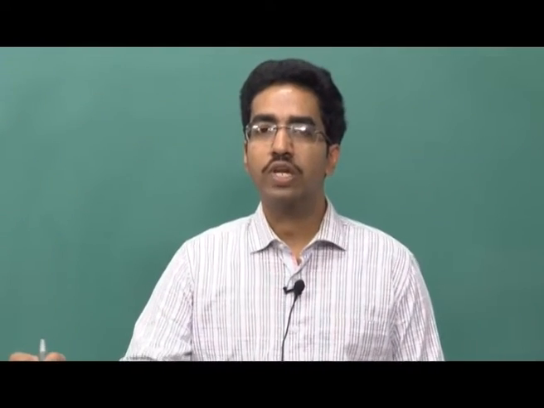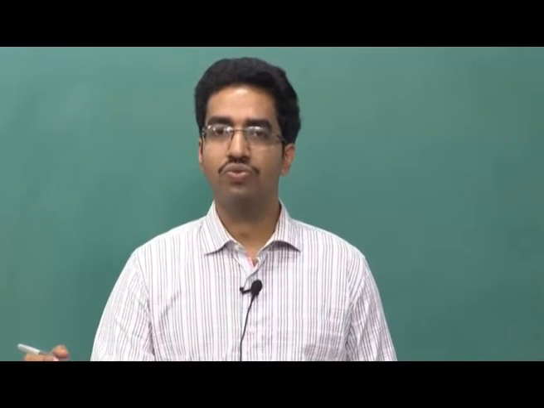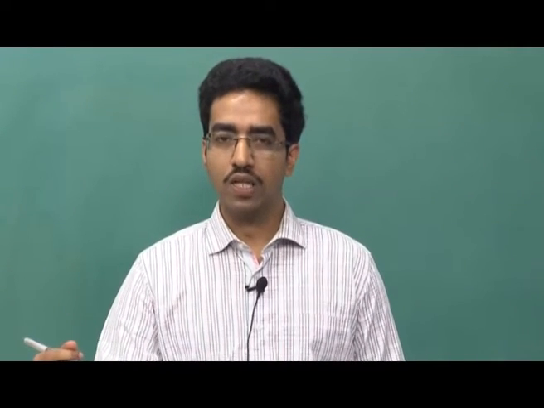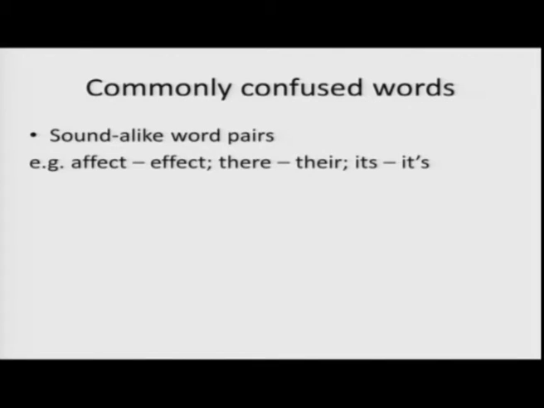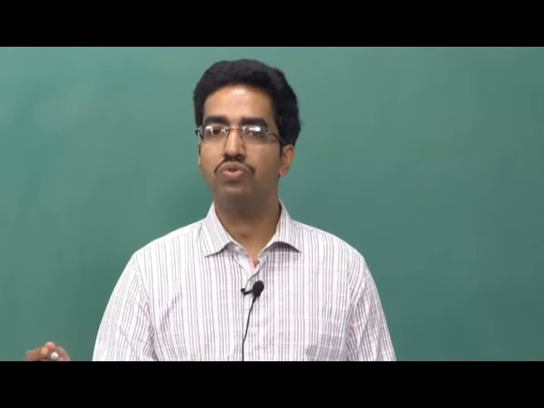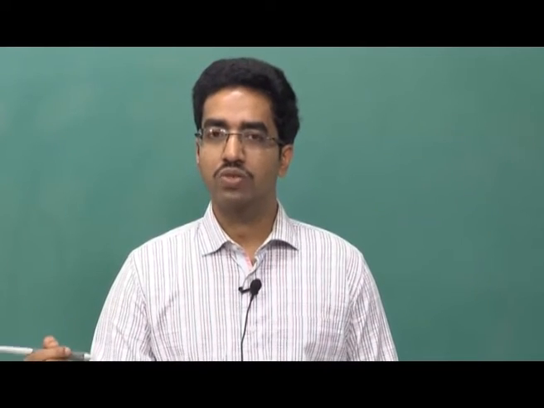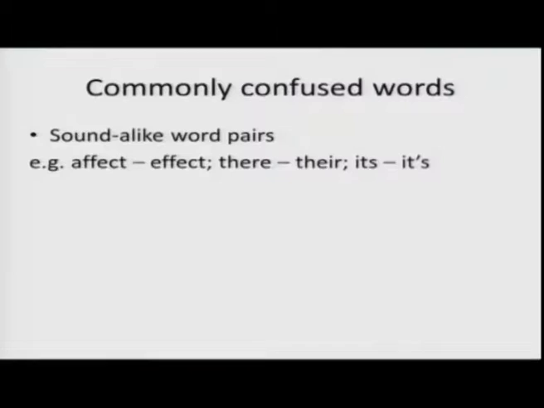So, we will look at several aspects related to vocabulary in this class. First one is commonly confused words. Usually these are words which sound alike, and as a result we tend to get confused and use one word in a context where we should have used something else. So, let us look at some examples.